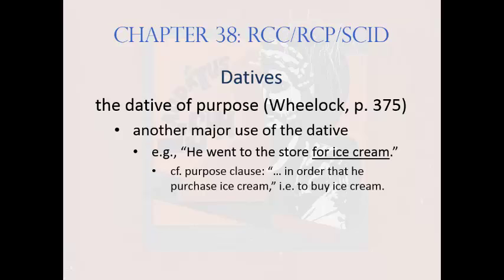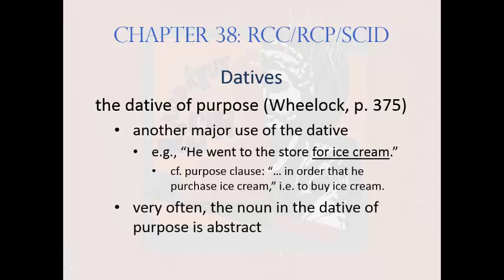In a sense, it's the equivalent of a purpose clause. He went to the store in order that he purchase ice cream, or for the purpose of buying ice cream. Quite often the noun used as a dative of purpose is an abstract noun, as in, we did it for profit, for pleasure, for fun, for love. For instance, we dated for fun, but married for love.